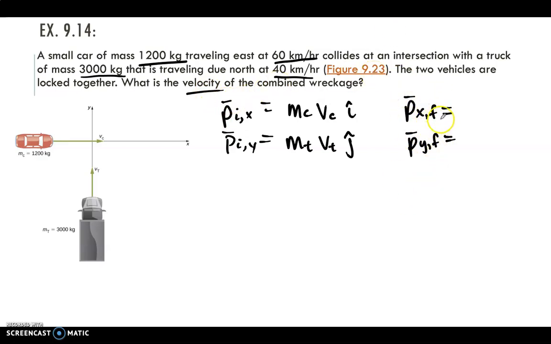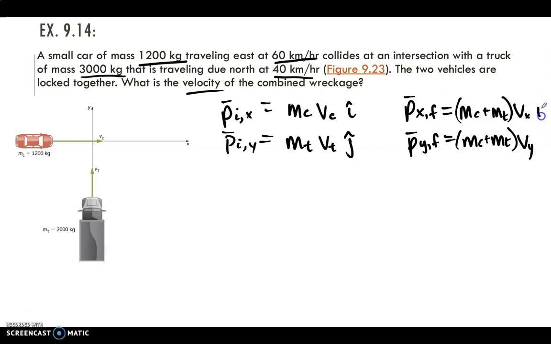So in the x direction, since it says that they lock together, our total mass should be mc plus mt times some final velocity in the x direction. And then for the y, same thing, mc plus mt times some final velocity in the y direction.